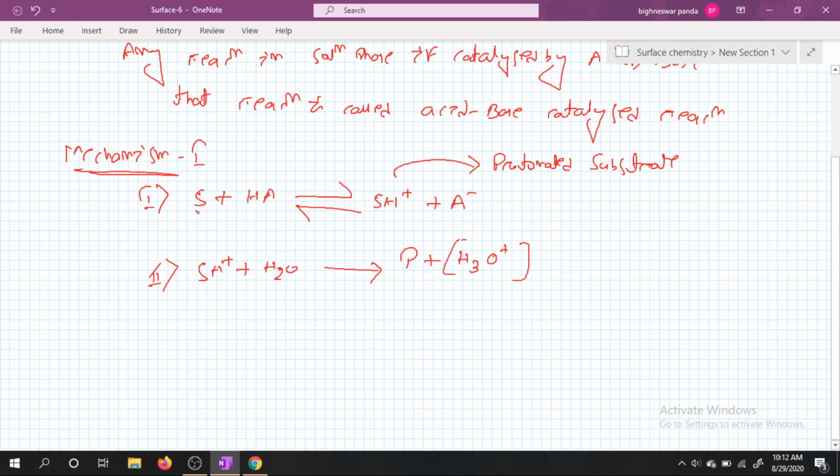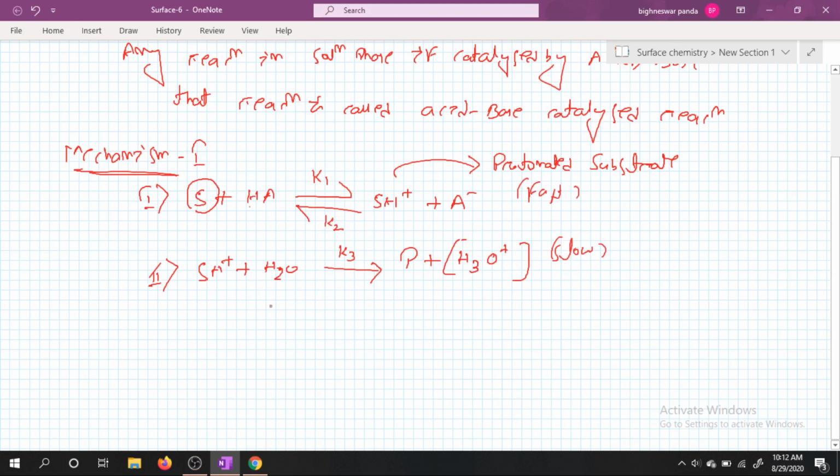So here the substrate accepts a proton to form the protonated substrate, and this protonated substrate undergoes reaction with water to form the product and H3O plus ion, and this is mechanism 1. So here I can assume K1 for the forward reaction, K2 for the backward reaction, and K3 for the second step.